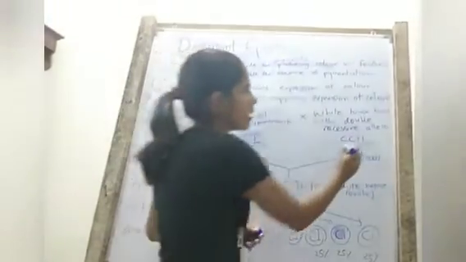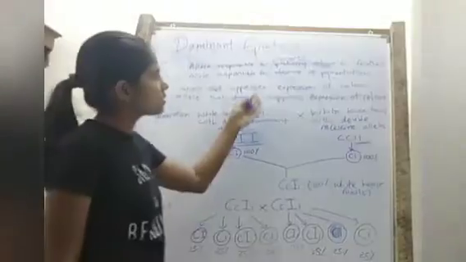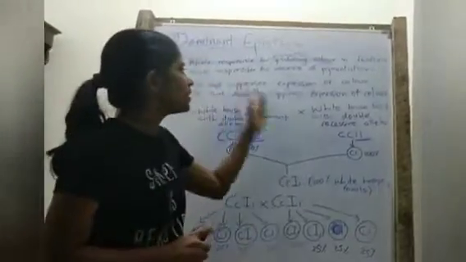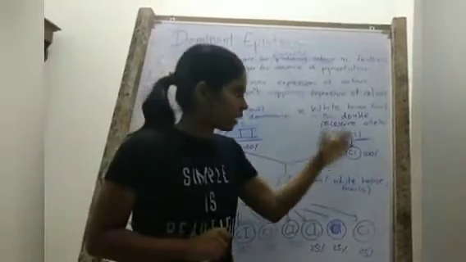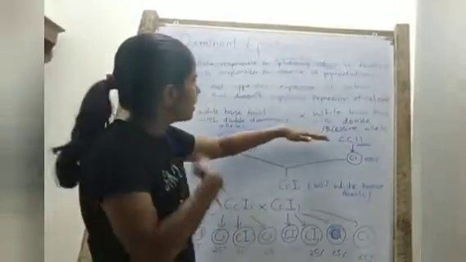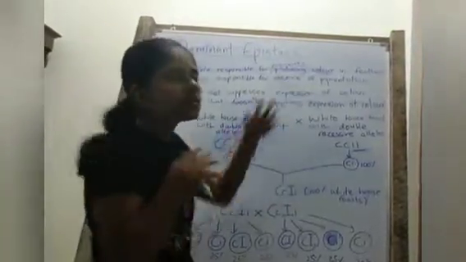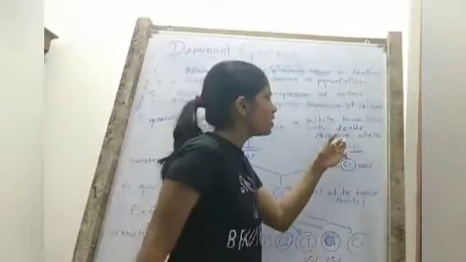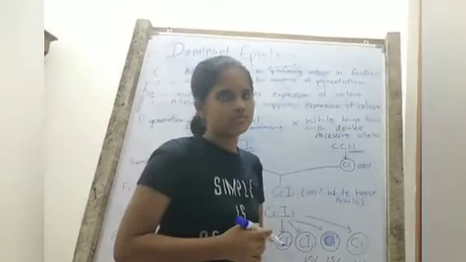So here we also have two simple i alleles. Simple i is the allele that doesn't suppress the expression of color. But here we have two simple c alleles. It naturally does not give out any color. So here there is no use of having these two simple i alleles.